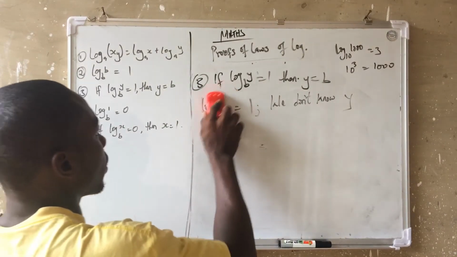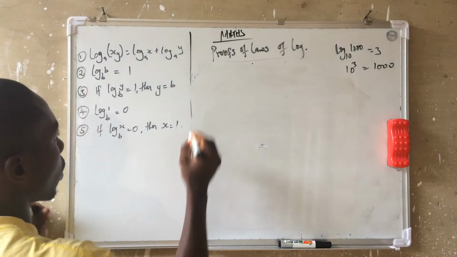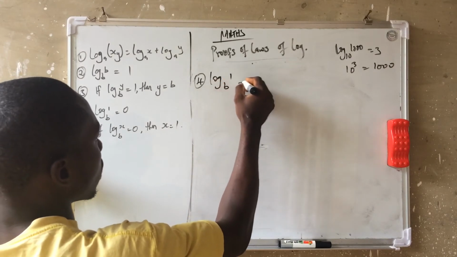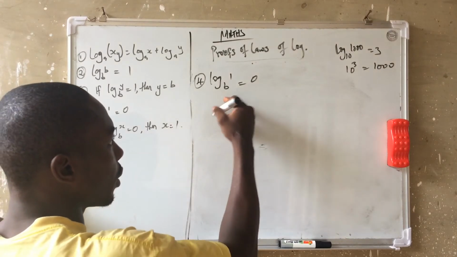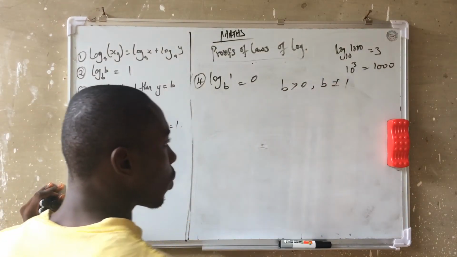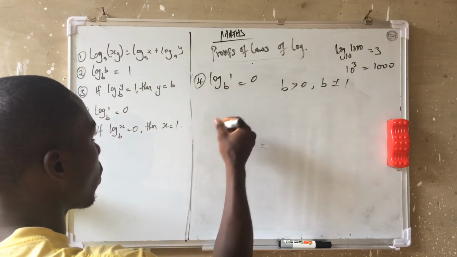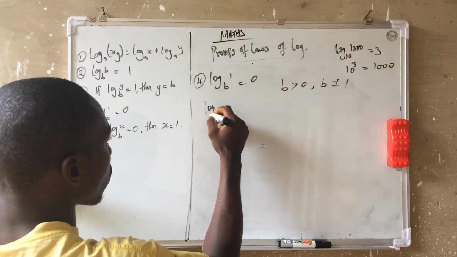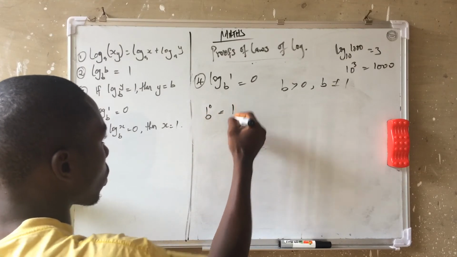This one is not so hard. So let's go over to number 4. Number 4 says log b 1 is equal to what? 0. And remember, this b must be greater than 0 and b must not be equal to 1. So using this pattern of definition of log, we'll say b raised to the power 0 is equal to what? 1.